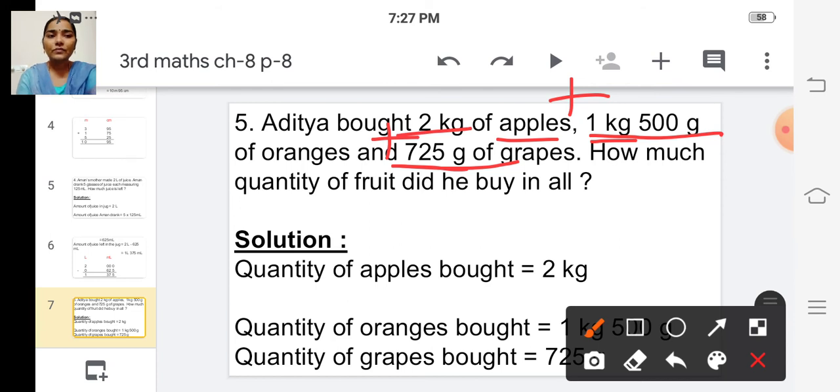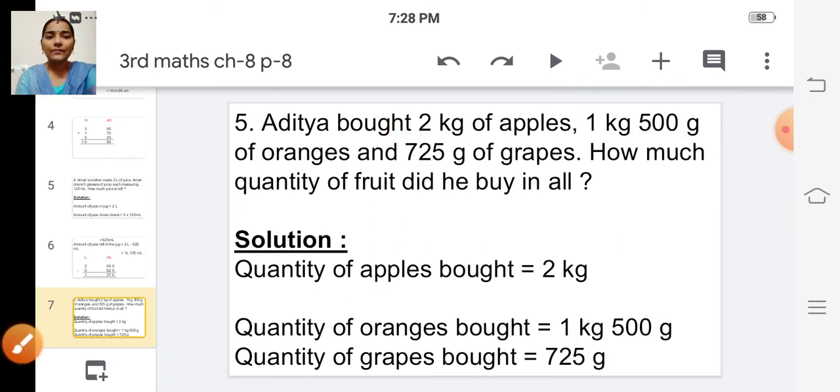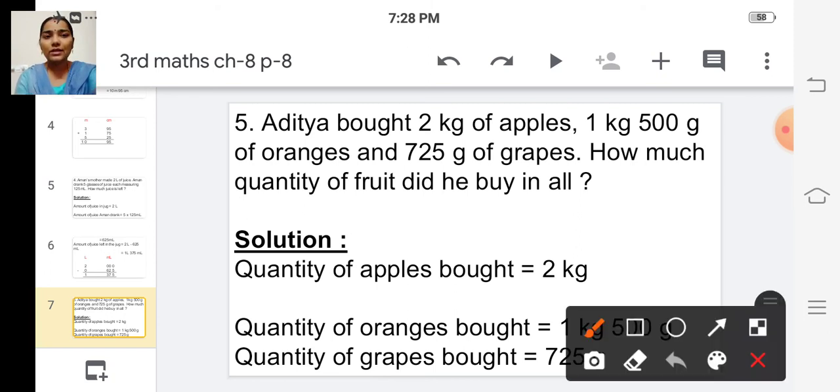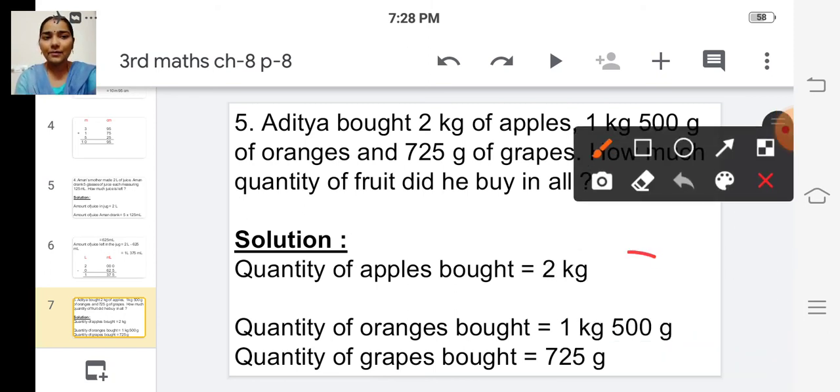So look at the solution. Quantity of apples bought is equal to 2 kilogram. Quantity of oranges bought is equal to 1 kilogram 500 gram. And quantity of grapes bought is equal to 725 gram. So these are all the given data.